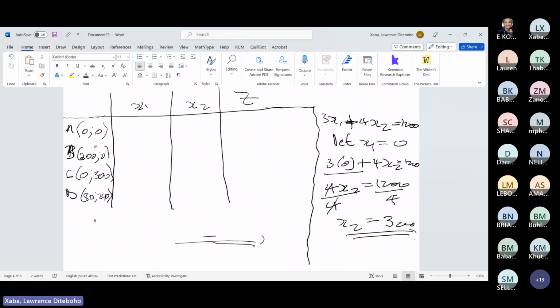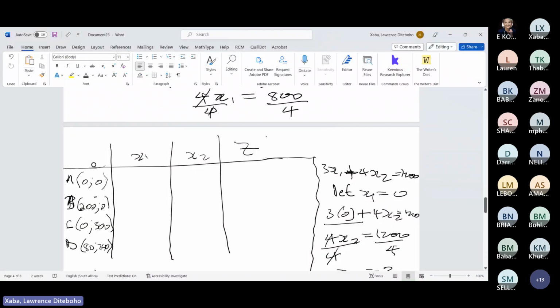If you remember our objective function, it was max Z equals 1,200 X1 plus 900 X2.